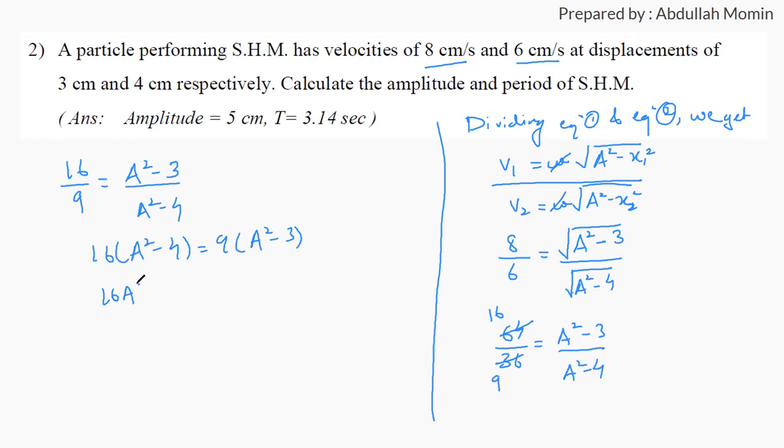So 16 times (A square minus 16) is equal to 9 times (A square minus 9). Now what we are getting here: 16 A square minus 16 into 16, that is 256, is equal to 9 A square minus 81.